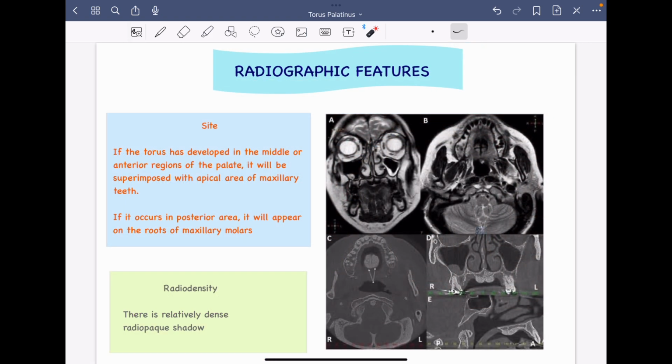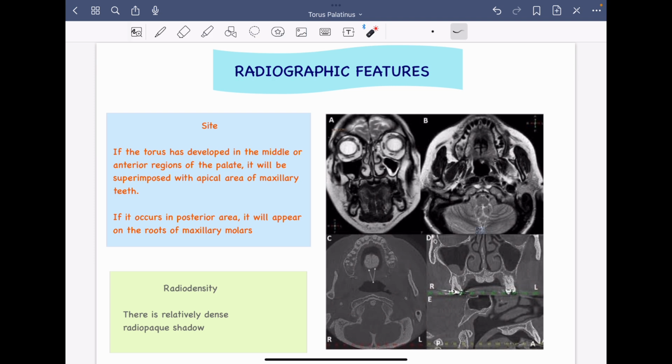Let's discuss the radiographic features. If the torus has developed in the middle or anterior regions of the palate, it will be superimposed with the apical area of the maxillary teeth. And if it occurs in the posterior area, it will appear on the roots of the maxillary molars.